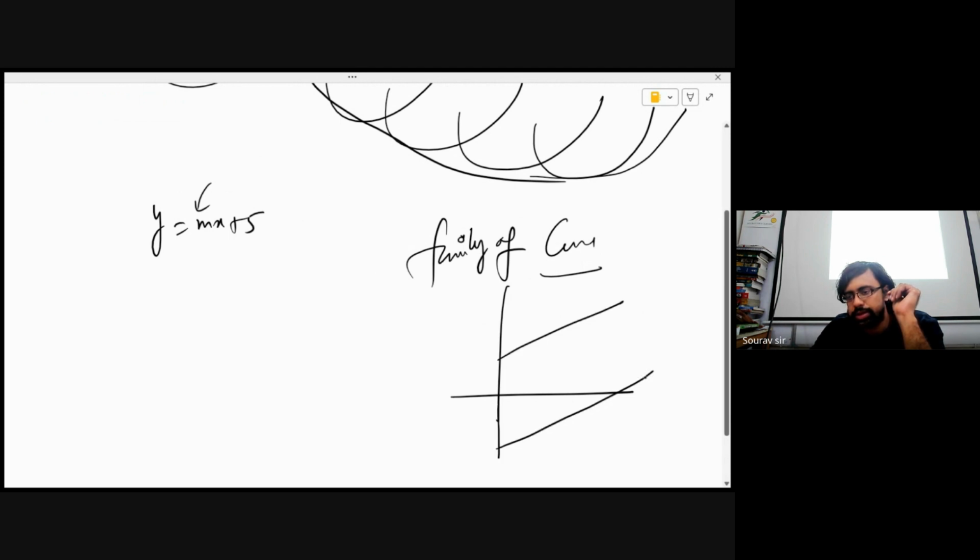and I can get this just by changing one or two values. So this is the intercept changing: y equal to 2x plus 5 and y equal to 2x minus 5, positive and negative intercept.